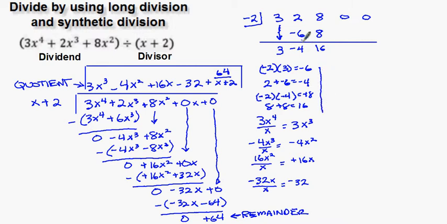Okay, so I perform the same task again, go -2 times 16, which gives me a -32. I put -32 into the second row again, and I add this column, so I'm going 0 plus -32 gives me a -32.